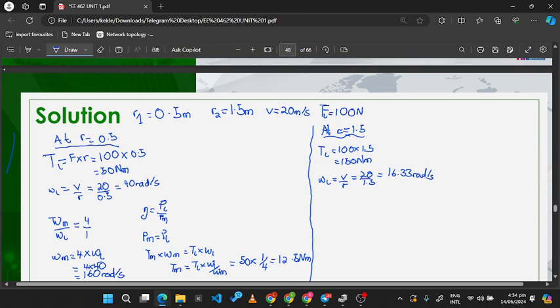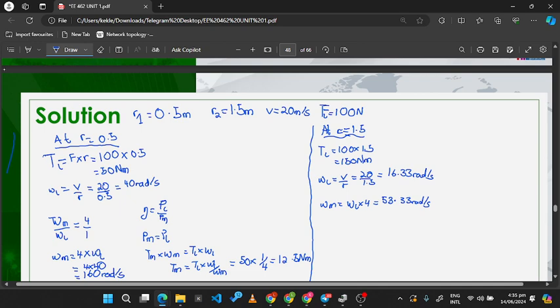We go back, we want to find the motor speed. The same thing, but we multiply, so that will be omega L by 4, and that gives us 53.33 radians per second.